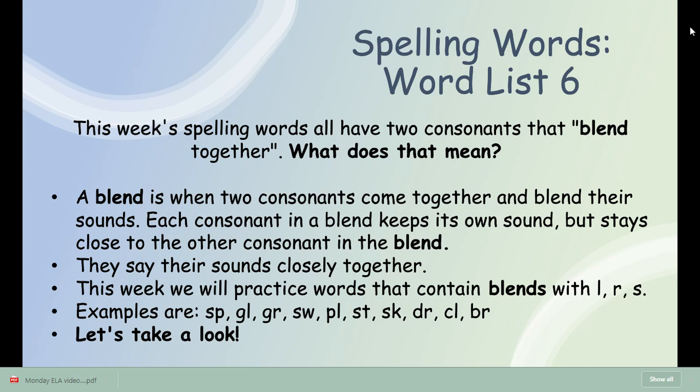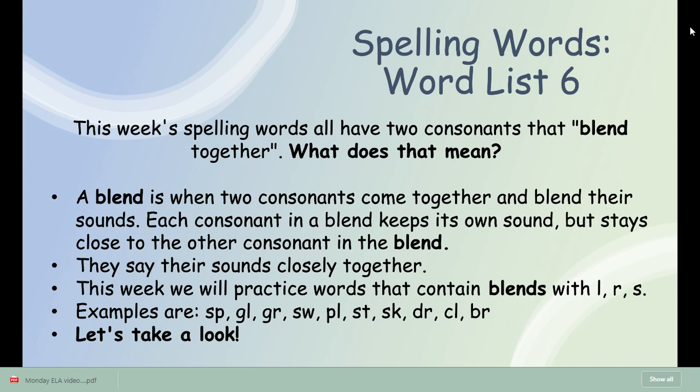The words in your spelling word list this week all contain blends that are going to have an L, an R, or an S. Some examples of these blends, the two consonants together in the blend: some of the words are going to have an S and a P standing close to one another.